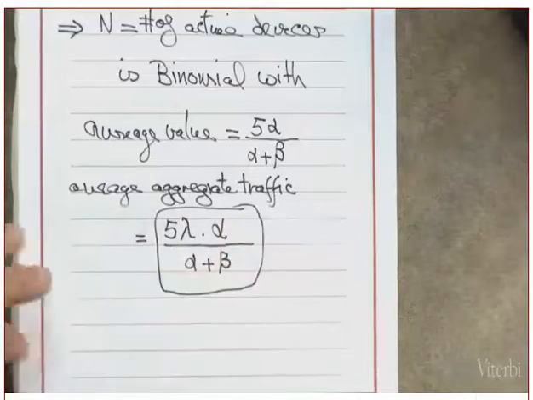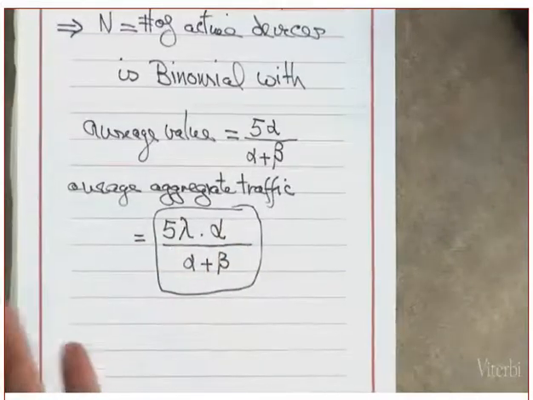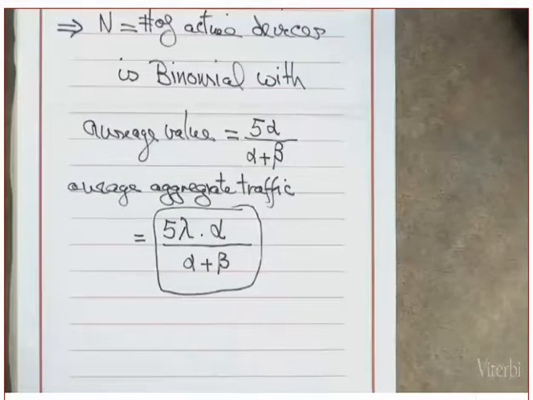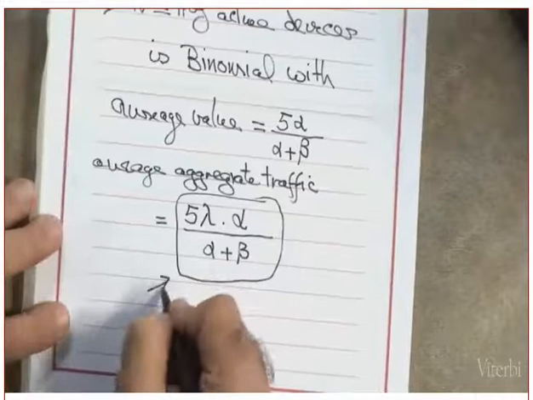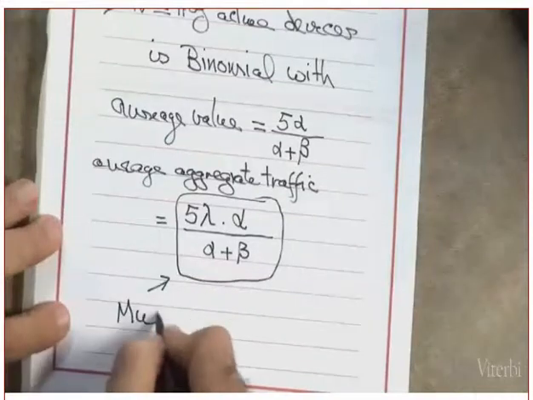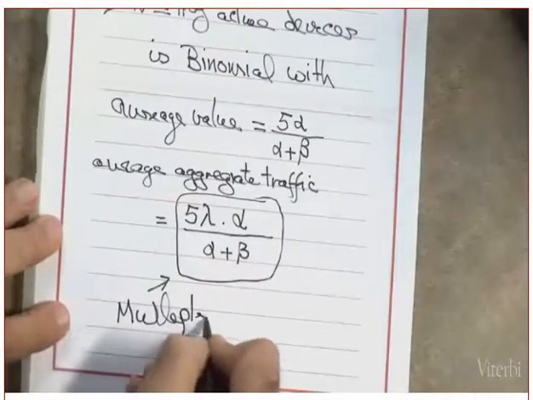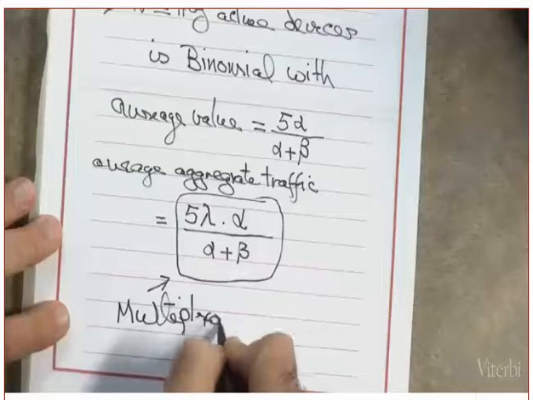Because this one is taking into account that some devices are going to be idle. I don't need that higher rate at the output of the multiplexer. Clear? Because he is taking into account that some devices will be idle. Clear? So this is the capacity, if you would like, of the multiplexer. Right.